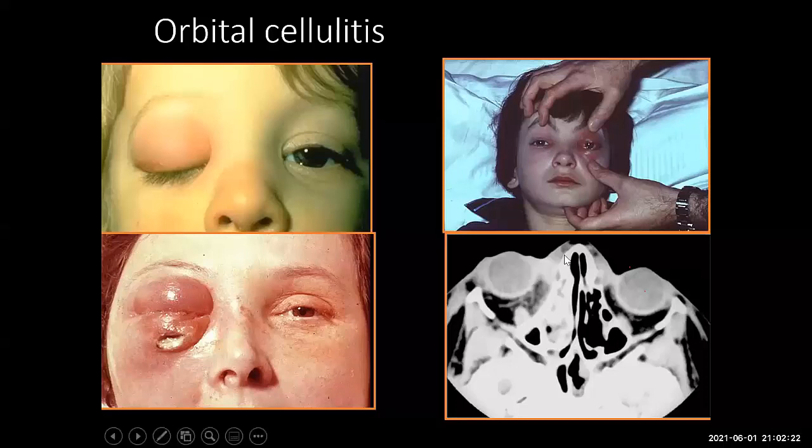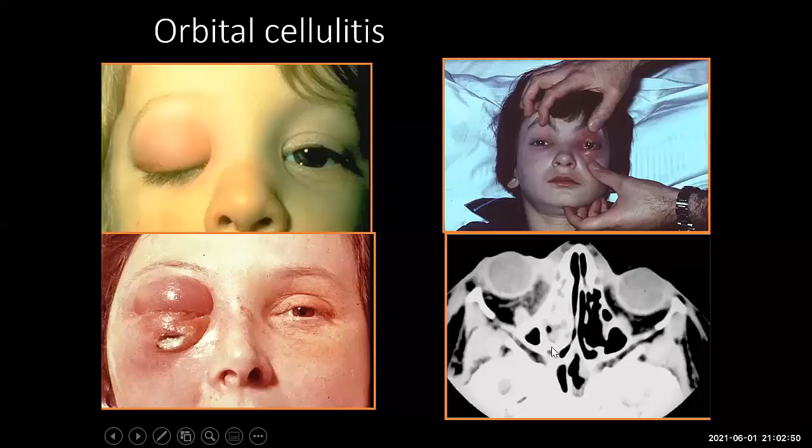Now, on this CT scan, if you carefully look, you see a large subperiosteal abscess, as well as an opacity in the ethmoid sinus. So the primary pathology would be in the ethmoid sinus. You need to drain this kind of subperiosteal abscess. Otherwise, as you know, the cavernous sinus is right there, by the orbital apex.